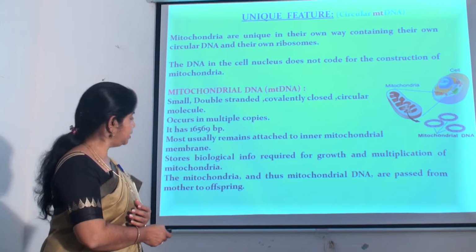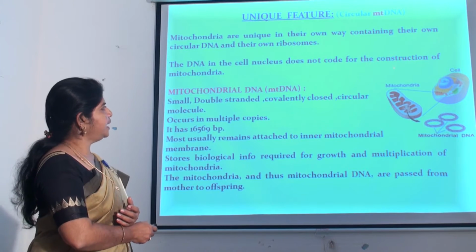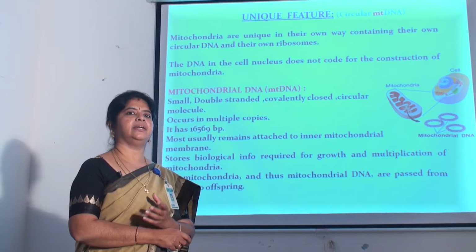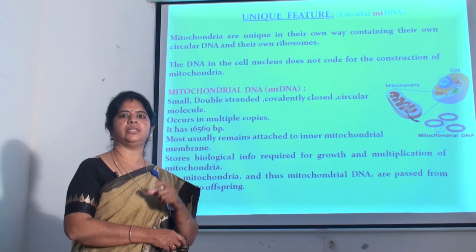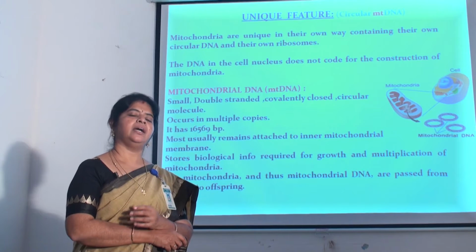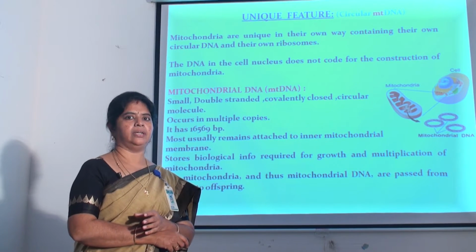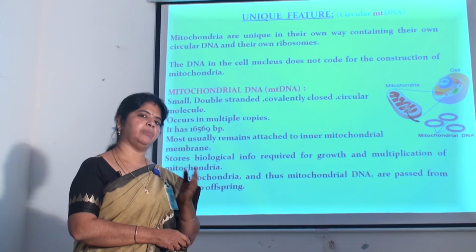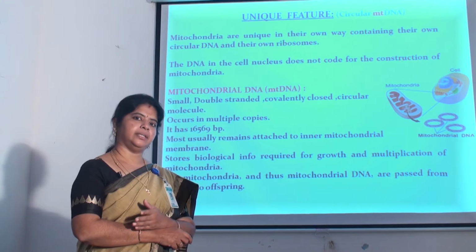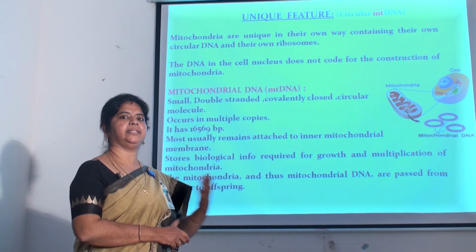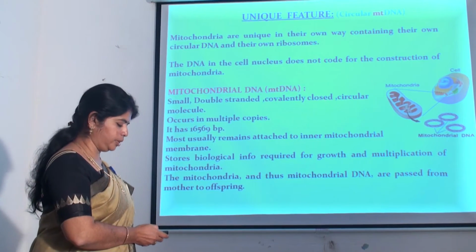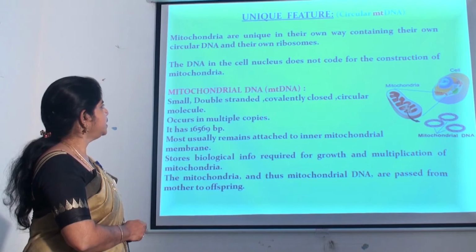And here, in a cell, the nucleus contains the DNA, and the DNA synthesizes the RNA. But the mitochondria also has DNA, and it can synthesize its own proteins, whatever it wants. That DNA is called the mitochondrial DNA.